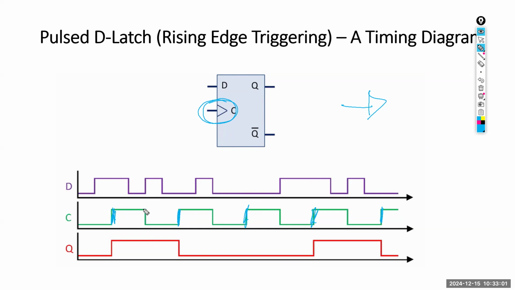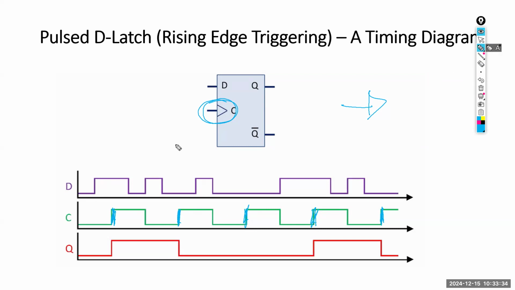It's disabled in these situations. But time to time, in these very short periods, your circuit is enabled. That is why we say rising edge triggering D latch, or you can call it a D flip-flop also, because now we have narrowed it to a very small triggering time.